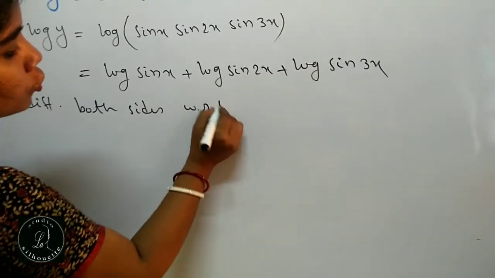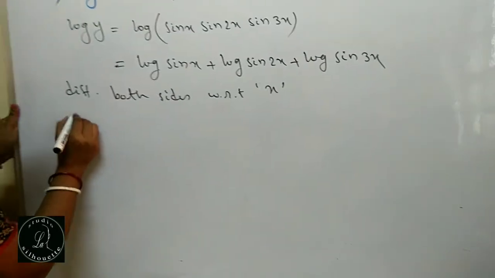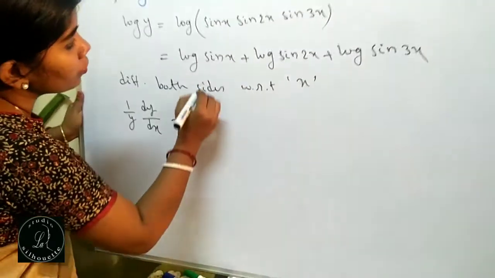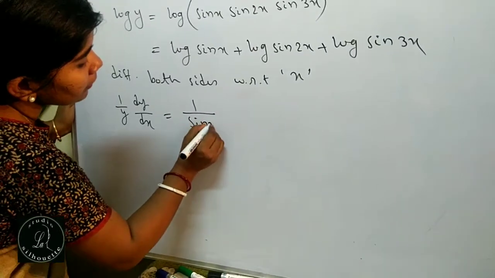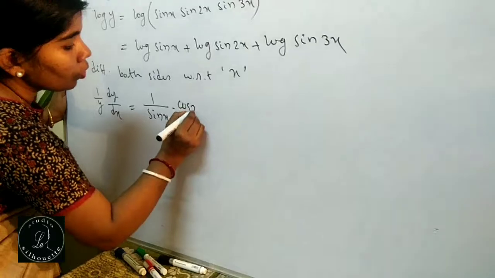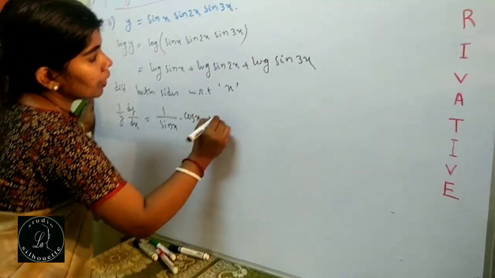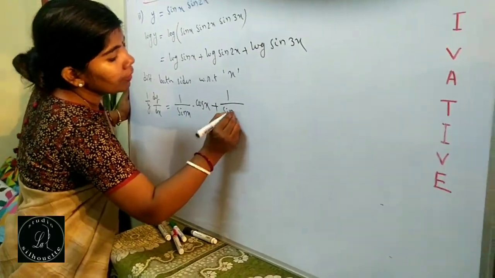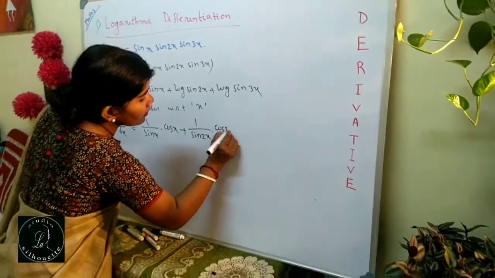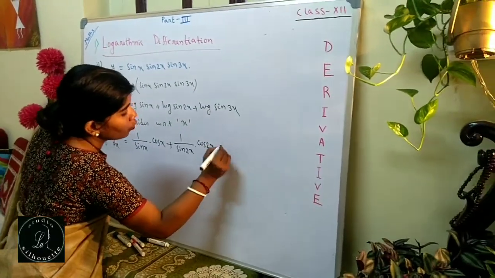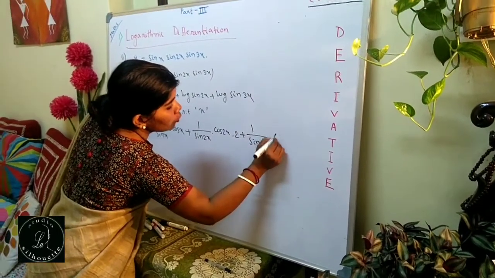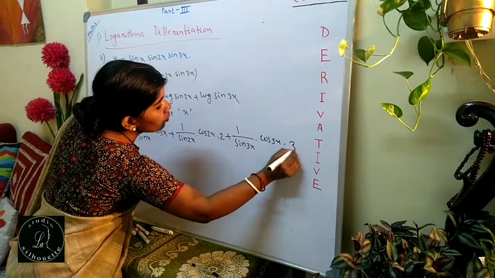Therefore, differentiating both sides with respect to x, we get (1/y) dy/dx equal to 1/sin x into derivative of sin x, which is cos x, plus 1/sin 2x into derivative of sin 2x, which is cos 2x into derivative of 2x, which is 2, plus 1/sin 3x into cos 3x into 3.